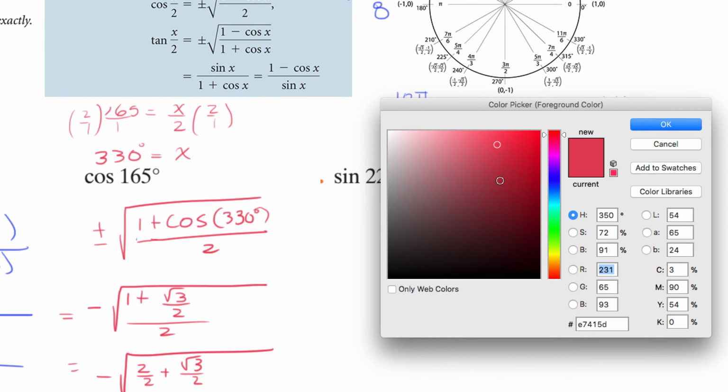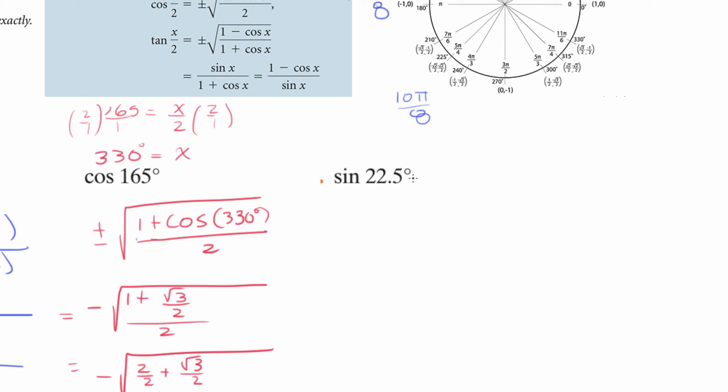Now for sine, very similar. Let's change colors to avoid confusion. Let's make it green. So again, you write 22.5 equals x over 2. We multiply by 2 on both sides. 22.5 times 2 is 45 degrees equals x.